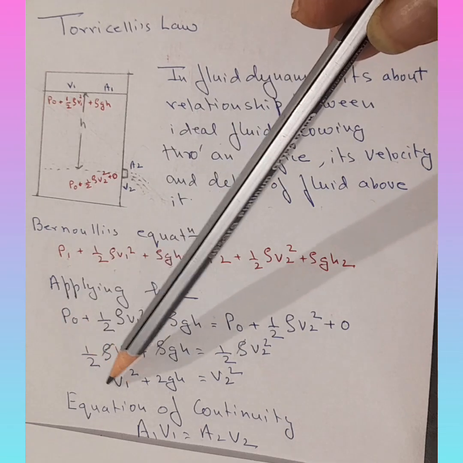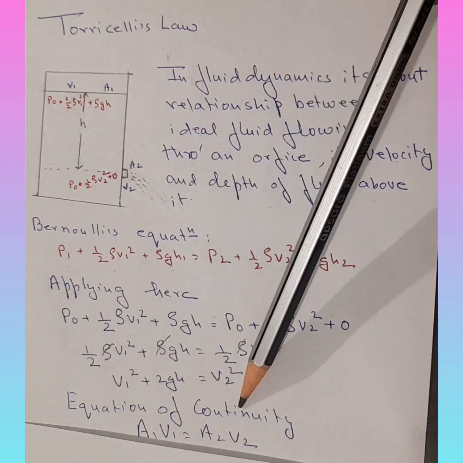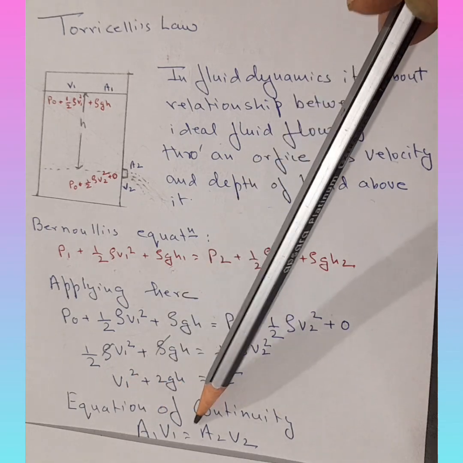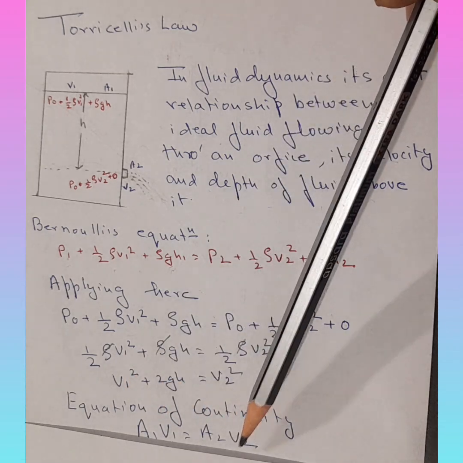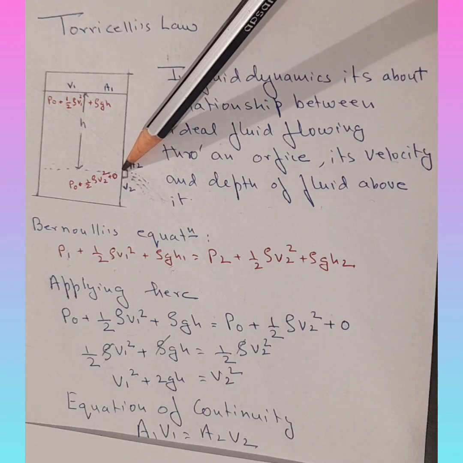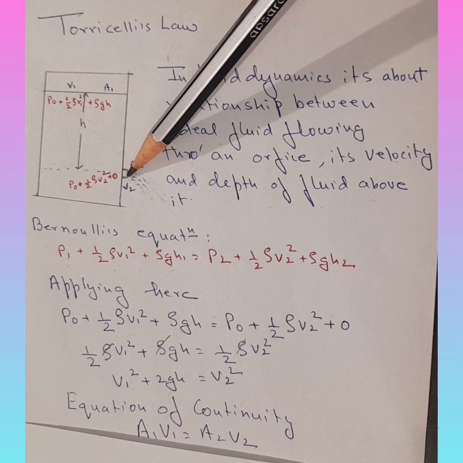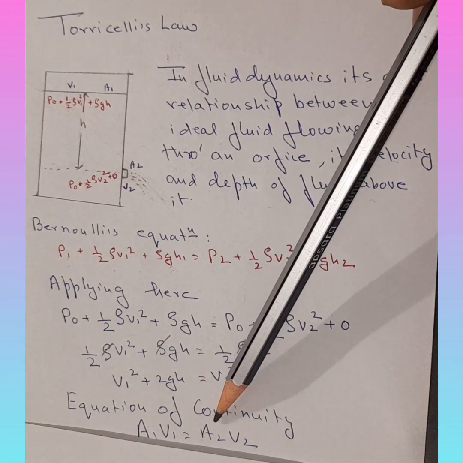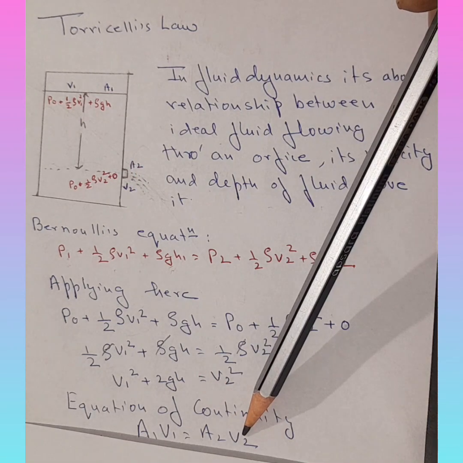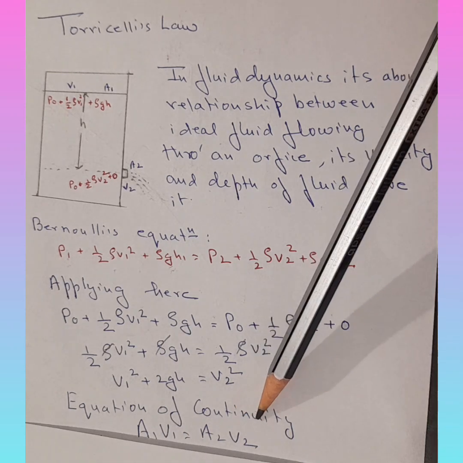Now what do we have to say about v1 square? As per the equation of continuity, a1 v1 is equal to a2 v2. So when we see a2 is very small, so v2 is very high. v2 is very big.